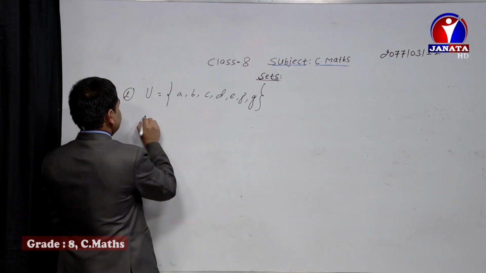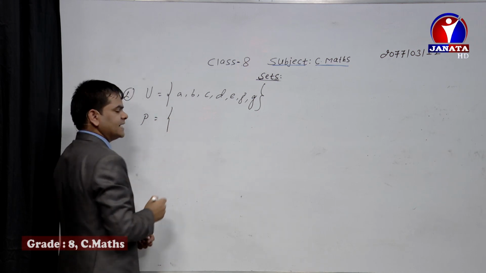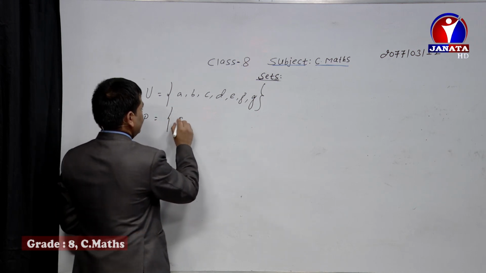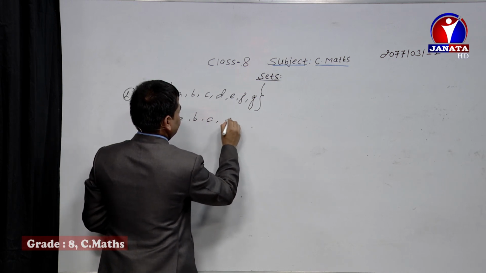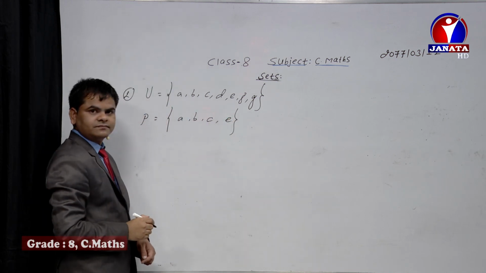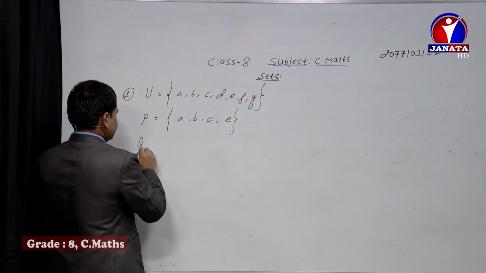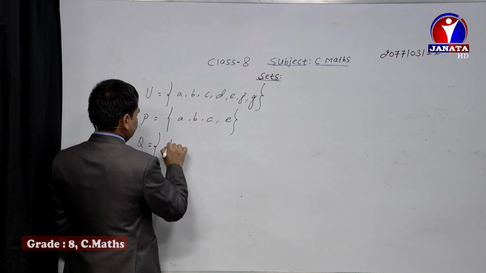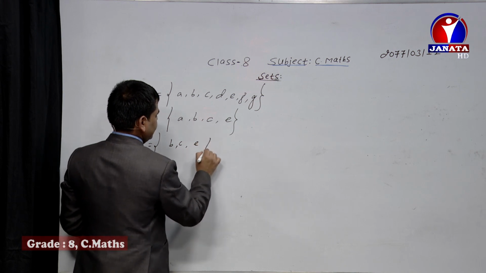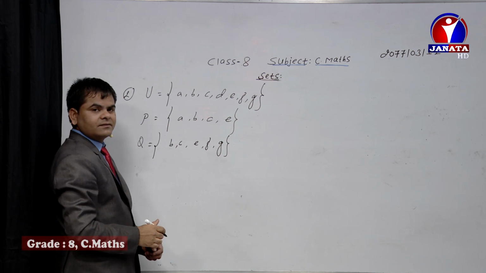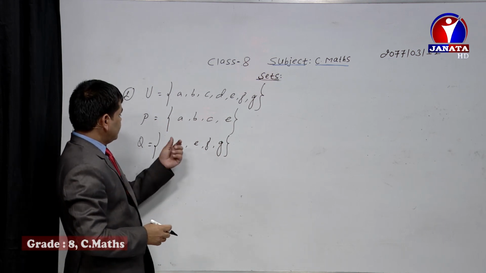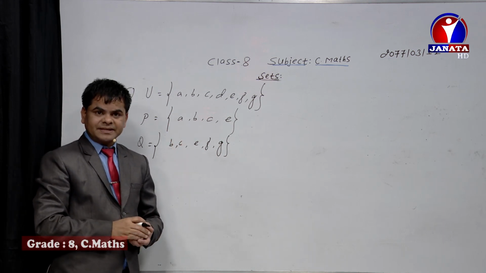So let us keep the P set having the elements A, B, C and E. The Q set I am going to take as B, C, E, F and G. Let us represent this information in a Venn diagram.